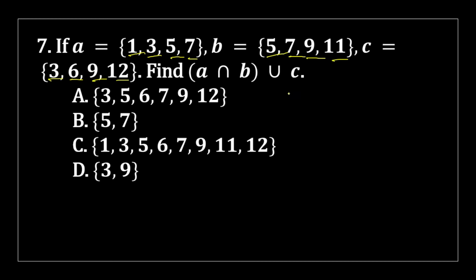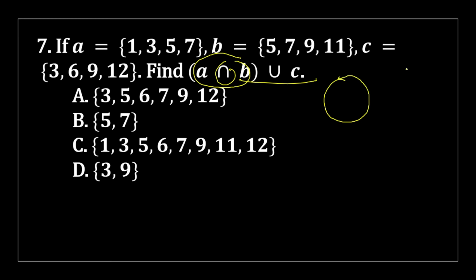So at first glance, you can see that this is a difficult problem, but it's really not. All we need to do first is to find the intersection of A and B. When we say intersection, if we illustrate it in a Venn diagram, this is set A and this is set B. The intersection is the numbers that set A has and set B also has.